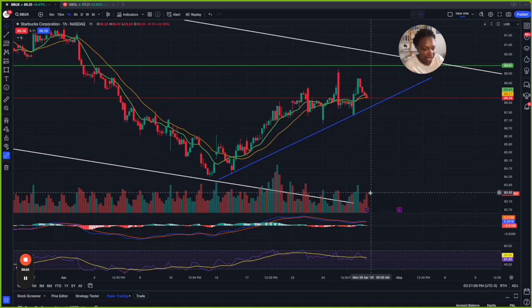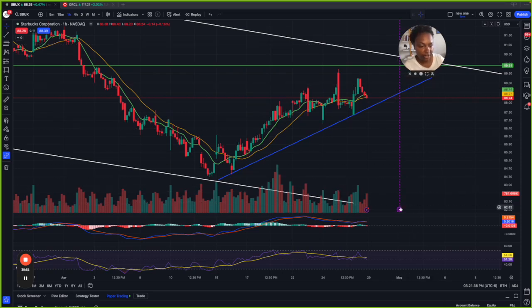Yeah, but regardless, the bearish volume was lower than the bullish volume that was coming in. So I just don't really believe in it. Now, I would love for this to pull back towards the trend line a little bit more, so around 87.80, 87.50. I would absolutely love to see that, and I would be watching to see if it'll hold the secondary trend line, and then that would be the move that gets us back up to the top.